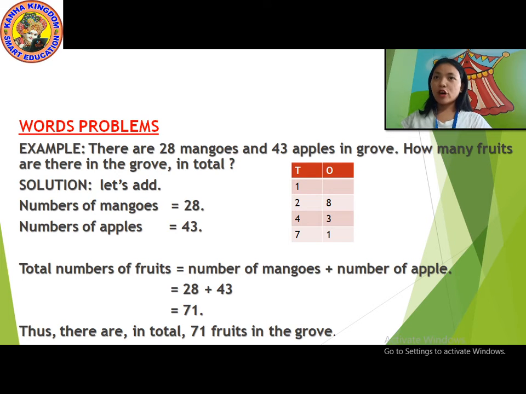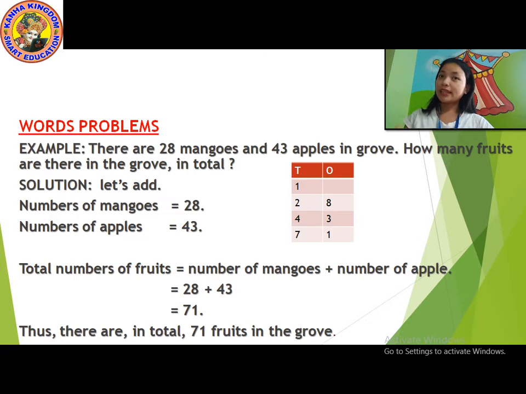That means we have to find out how many fruits are there in that group in total. We know that there are 28 mangoes and 43 apples, right? So we have to find out the total number of fruits in that group.